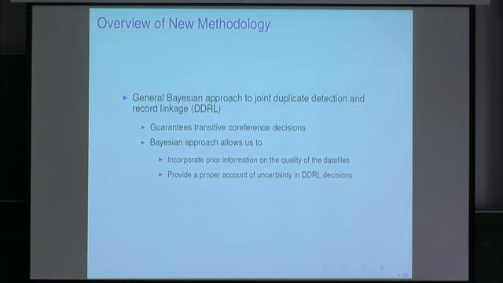For example, if you have prior information on the overlap of the files or on the quality of the fields, we can incorporate that information in this framework. And because it's a Bayesian framework, and because of the way it's set up, it provides a proper account of the uncertainty in the record linkage decisions.